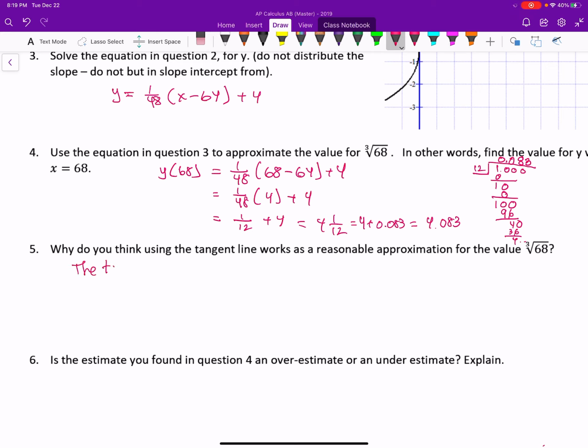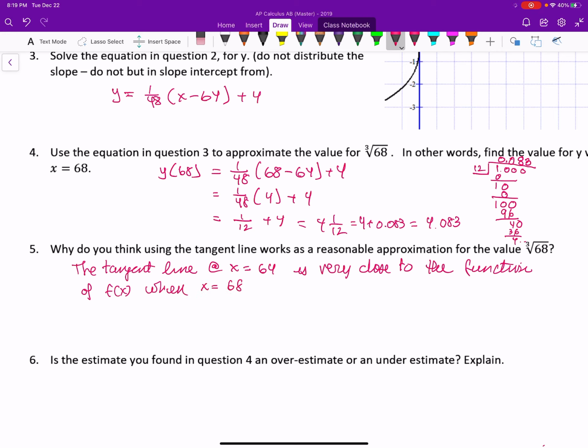The tangent line at x is equal to 64 is very close to the function f of x when x is equal to 68.